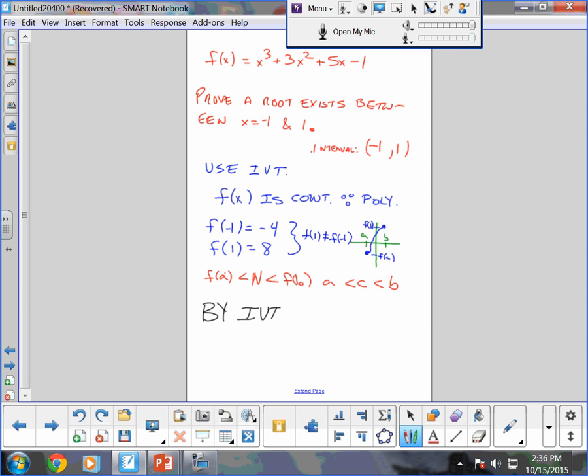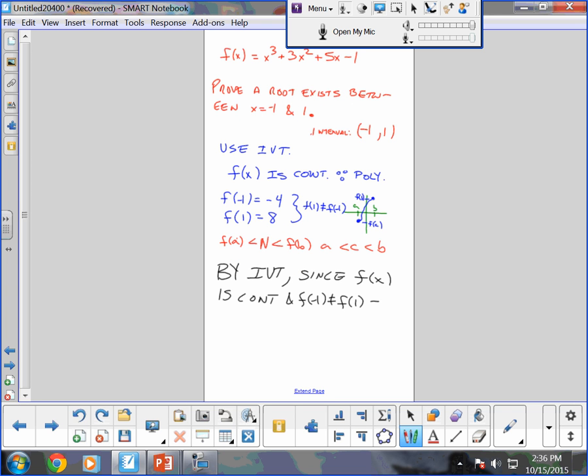By IVT, since f of x is continuous and f of -1 does not equal f of 1, and actually, I'm going to use the notation this time: f of -1 is less than or equal to 0, which is less than or equal to f of 1.